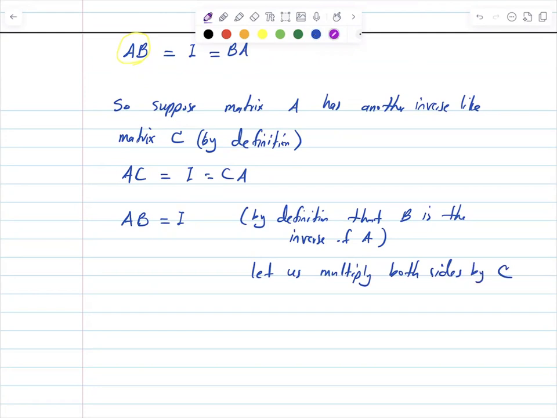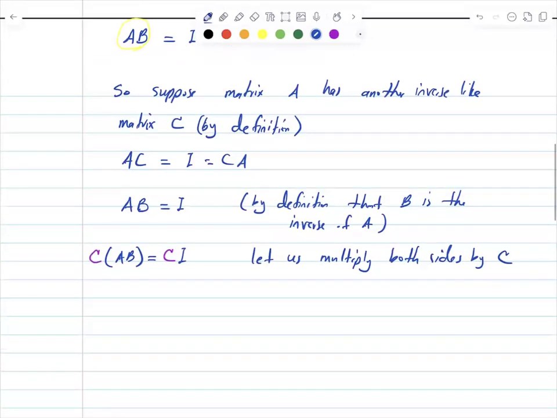Multiplying the left-hand side by matrix C, you get CAB, which is C times I. Now, if I group C and A together, I have C times A multiplied by B, and on the right-hand side, CI is nothing but matrix C. But pay attention: C times A is equal to the identity matrix.